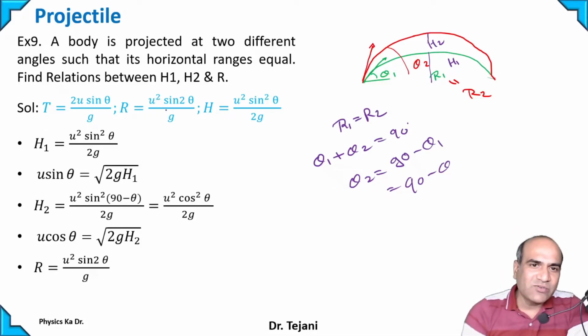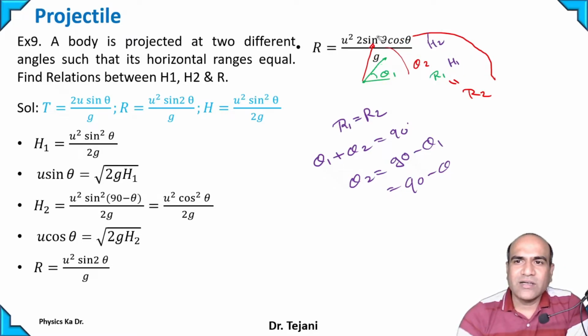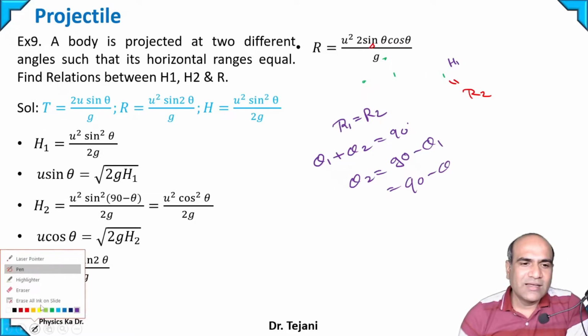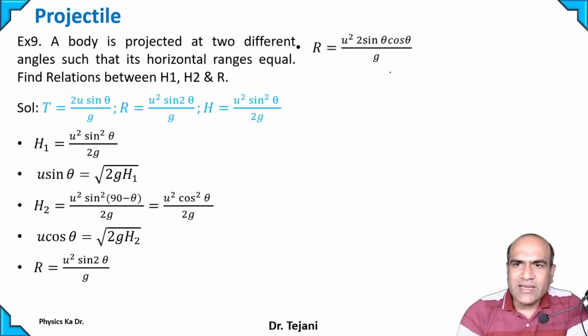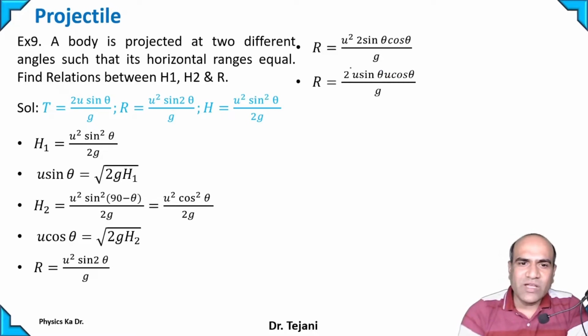So we can say R is equal to u square sine 2 theta by g. Sine 2 theta is equal to 2 sine theta cos theta, so we can rewrite it as 2u sine theta times u cos theta. We have values for these.